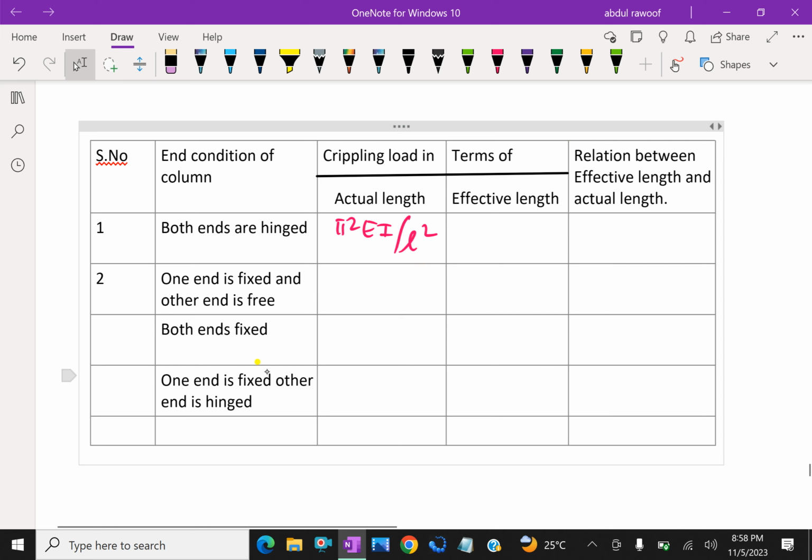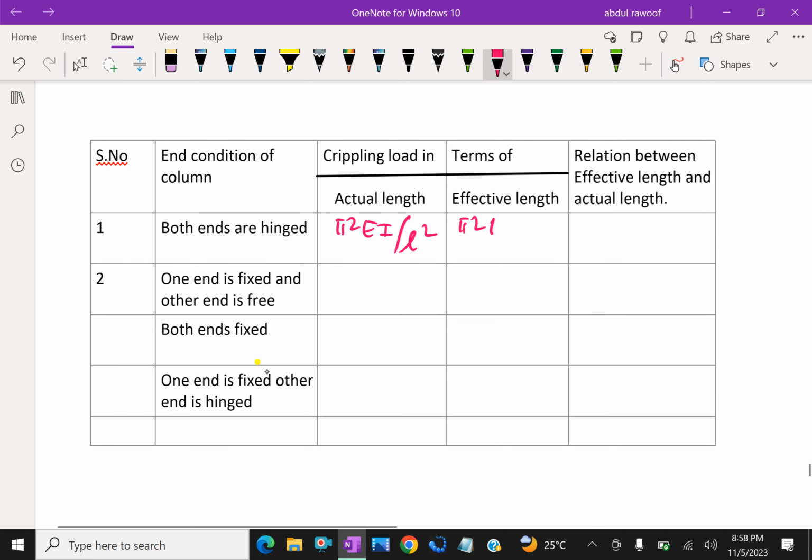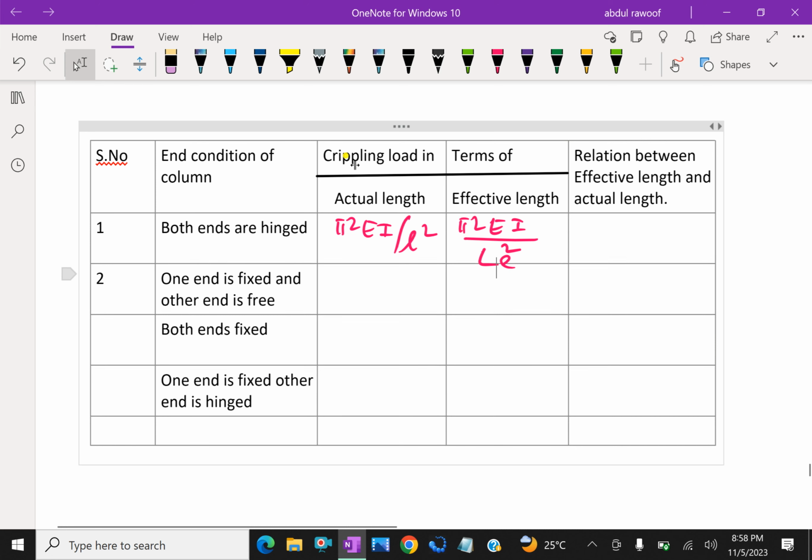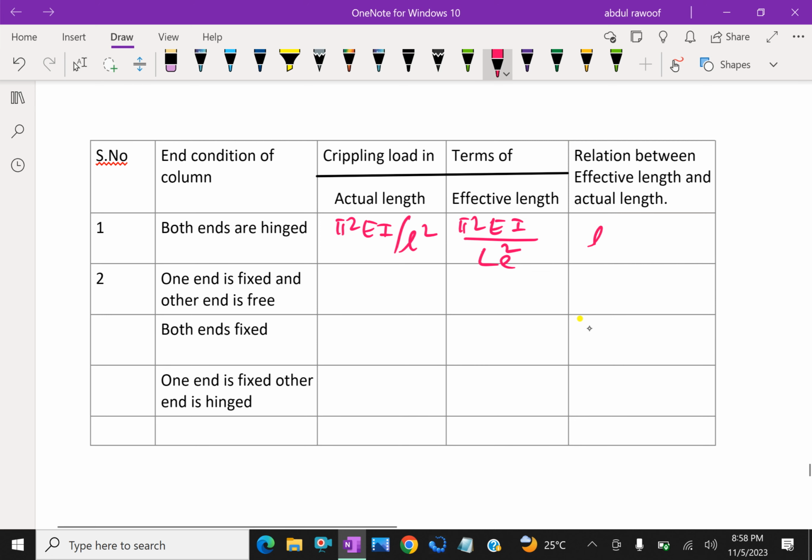In terms of effective length it is pi square EI over effective length square. Then the relation between effective length and actual length is L equal to effective length. That means both are the same formula.